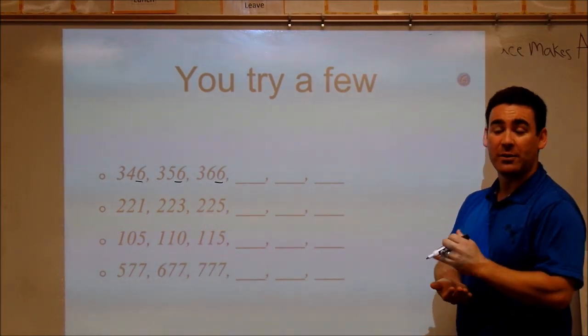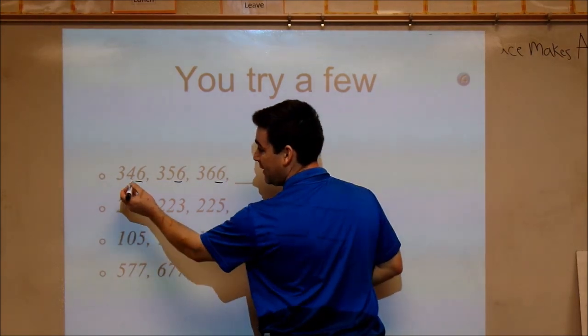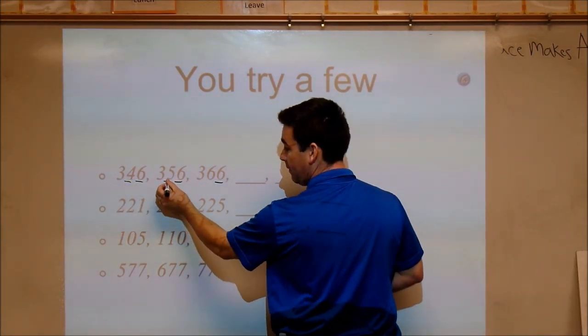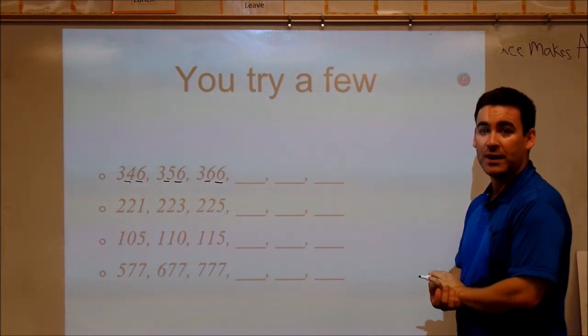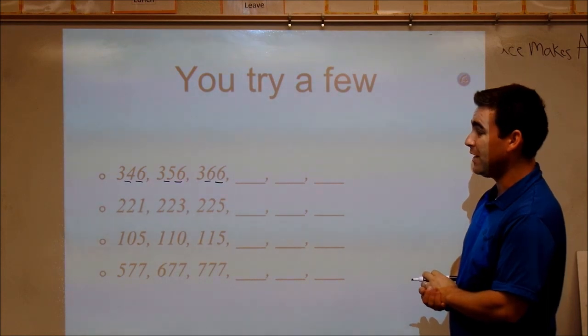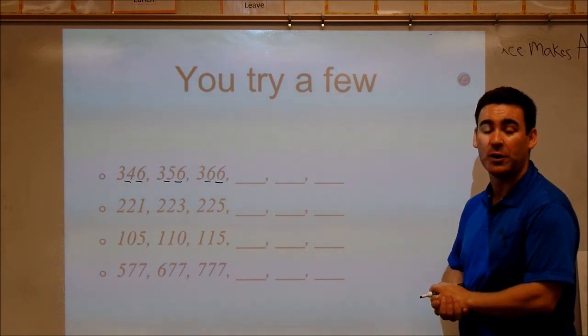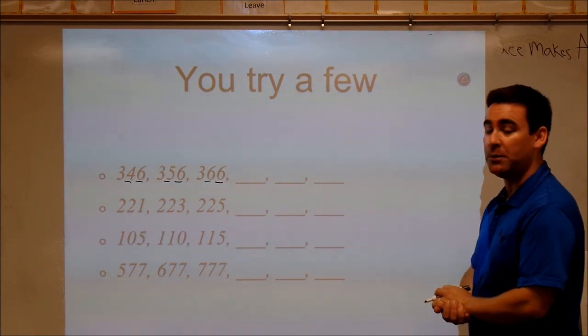So what I do see changing actually is the number in the tens place. 4, 5, and 6. Yet the hundreds place is staying the same. Now my strategy tells me then that if the numbers are staying the same and the only number that is increasing is the number in the tens place, this one must be counting by tens.